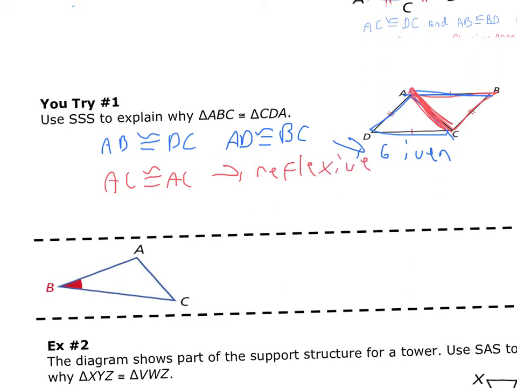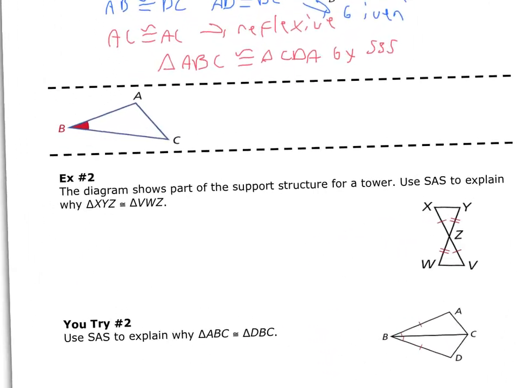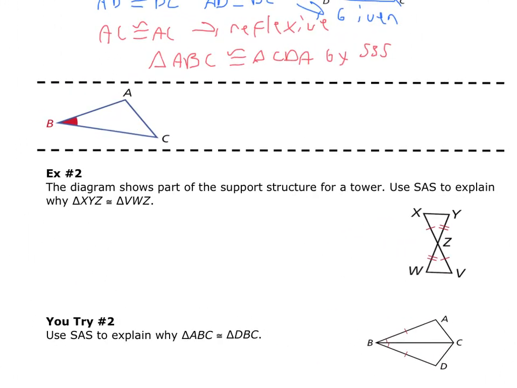Okay, and because of that, we know that this is our third set of congruent sides, so we know that triangle ABC is going to be congruent to triangle CDA by SSS. Okay, so if you have three sets of congruent sides, you know that you're going to have congruent triangles by SSS.